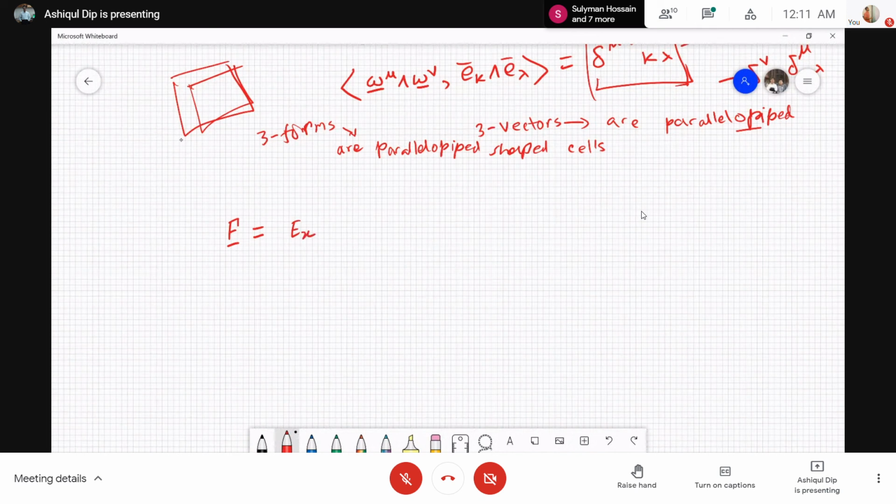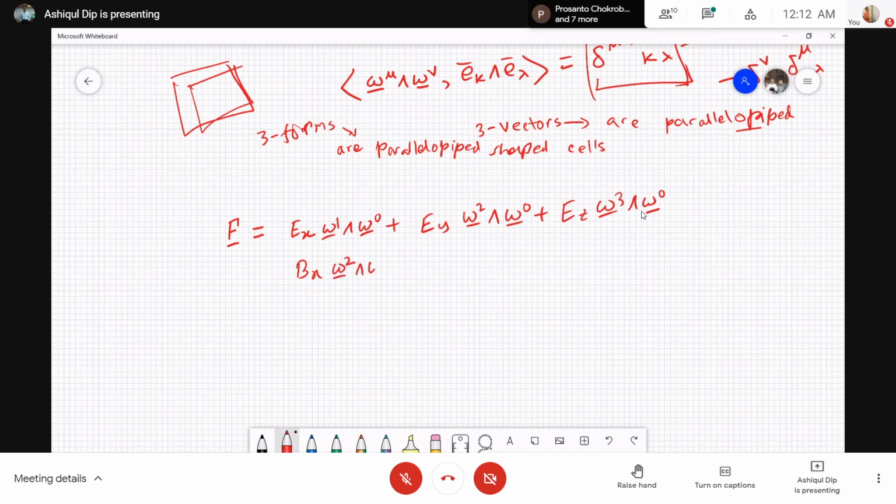But explicitly, it was Ex omega 1 wedge omega 0, plus Ey omega 2 wedge omega 0, plus Ez omega 3 wedge omega 0, plus Bx omega 2 wedge omega 3, and By omega 3 wedge omega 1, and Bz omega 1 wedge omega 2.